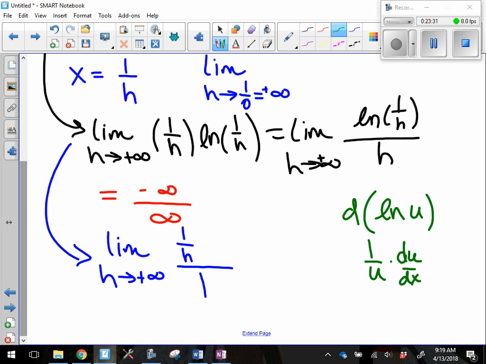Well, so it's going to be 1 over h, right? And then what's the derivative of 1 over h?